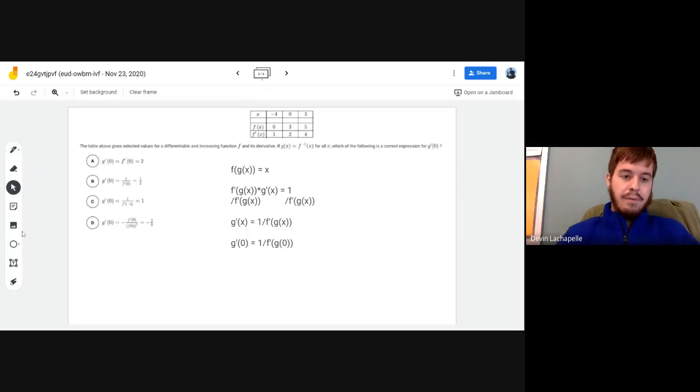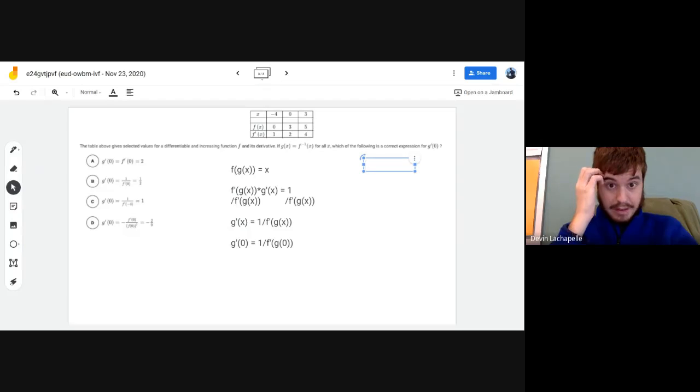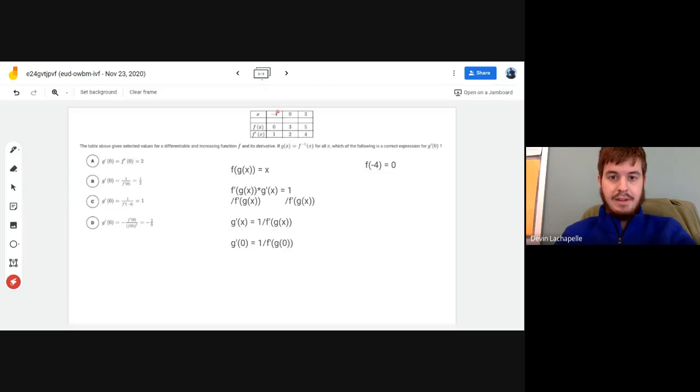Well, I know that f of -4 equals 0, which is according to my table right here, right? f of -4 equals 0, which means that g of 0 equals -4, because they're inverses.